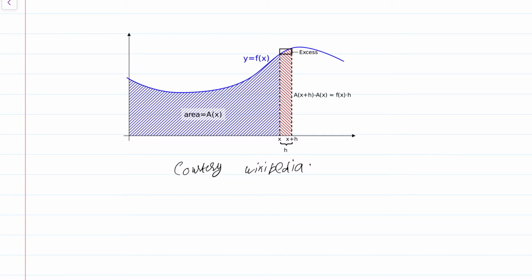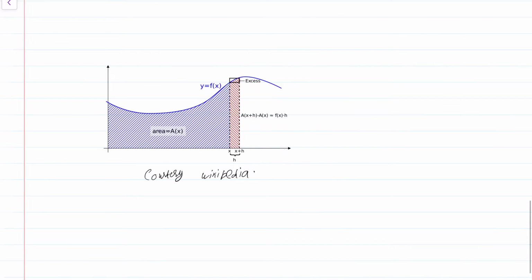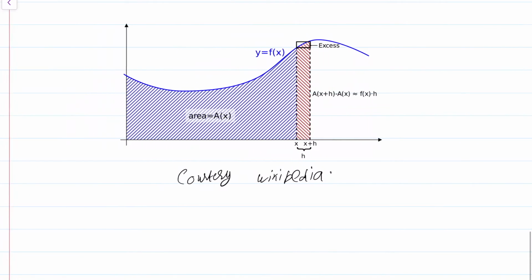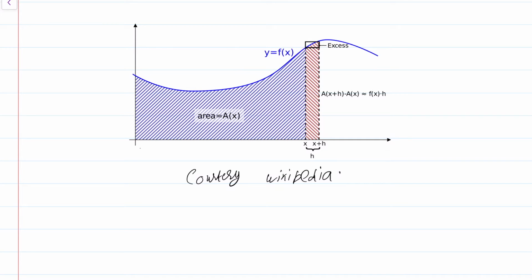You have this graph of a continuous function y equals f of x, and for each point x, this is going from, let's say, 0 all the way to, let's say, 1.